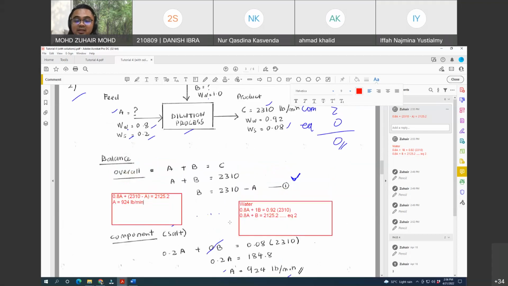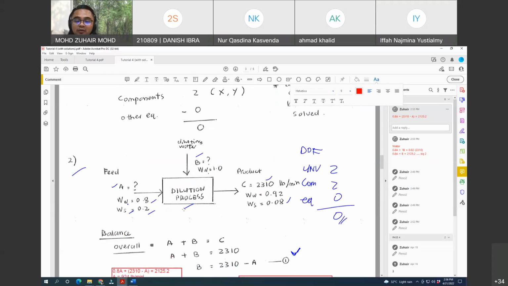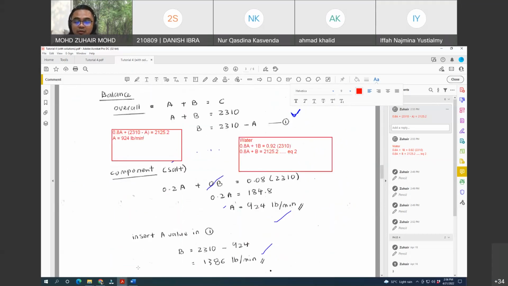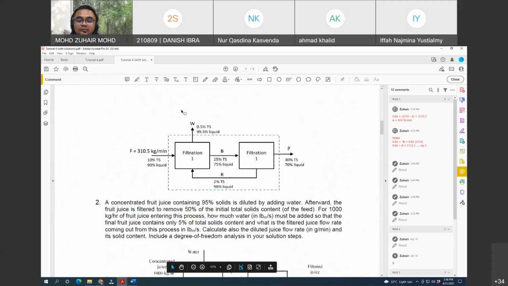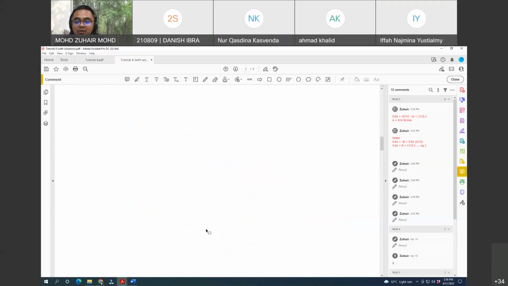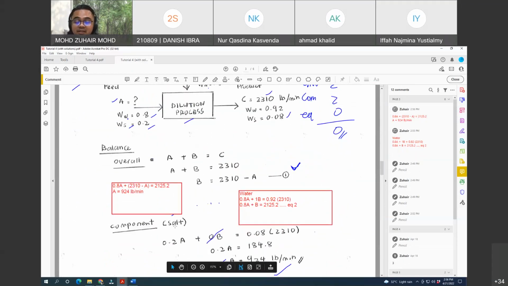But this is only the case if there is a stream that consisted of only one component in it. But if all the streams consisted of all the components, for instance, like this one, all the streams F, W, B have TS and liquid, so we cannot strategize like this.